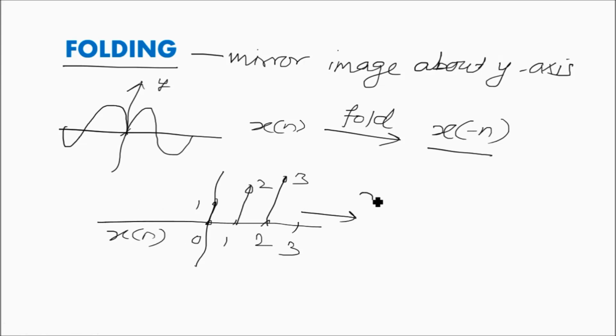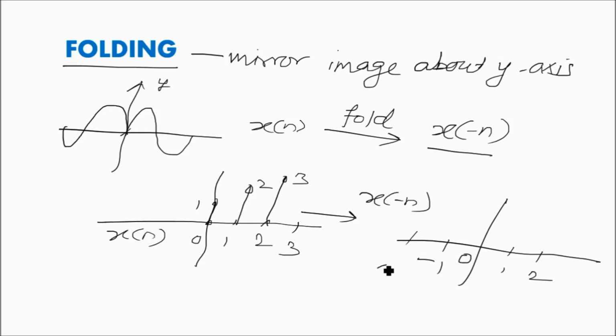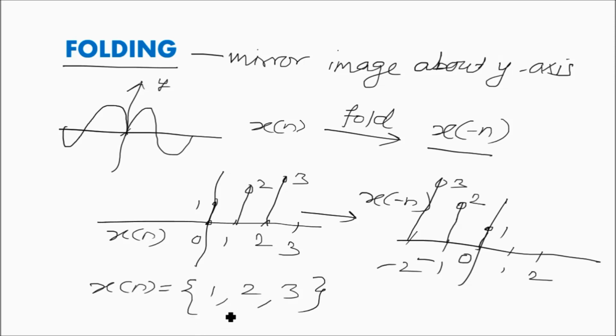Then x of minus n is represented as follows: whatever value is at 0 remains at the same place, and whatever value is at 1 is placed at minus 1, and so on. So if x of n is represented as 1, 2, 3 with the origin marked, then x of minus n is represented as 3, 2, 1 with the origin, and the remaining values are 0.